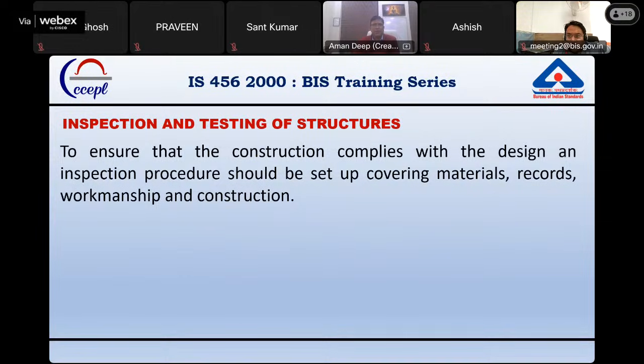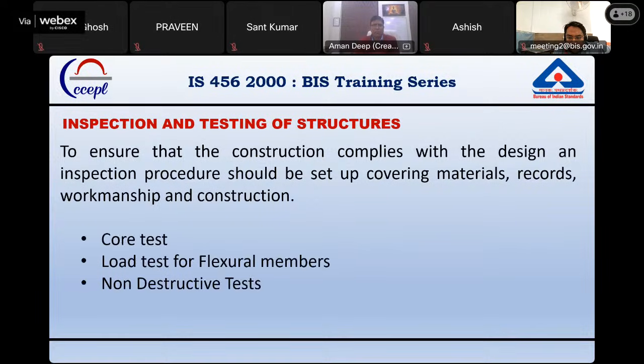Inspection and testing of structures is done to ensure that construction complies with the design. An inspection procedure should be set up, covering materials, records, workmanship, and overall construction. We can also apply some testing methods to inspect the construction.